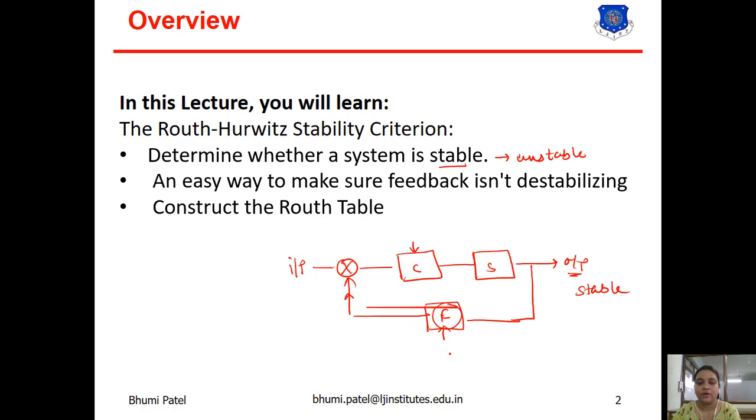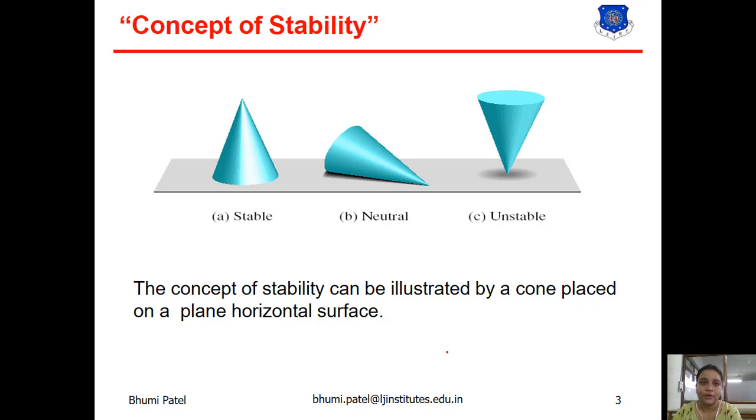In an open loop control system, there is some problem regarding stability. First of all, here is the basic concept of stability. Here three objects are given, and the position of each object is different. You can easily identify that the first position of the object is the stable position. If we put it in this manner, it is the neutral position, and if we put it in the reverse manner, it is the unstable position of the object.